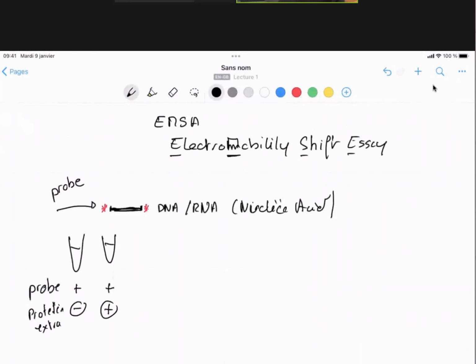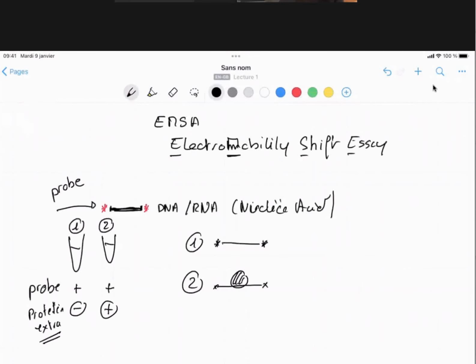So if in the protein extract there are proteins that are able to physically interact with the piece of DNA or RNA, it will form a complex. So if this is tube number 1 and this one is tube number 2, in tube number 1 we will find only the piece of DNA with the label on both ends. And in the second tube, if there is an interaction, we will find a protein that is bound to the nucleic acid. Is it okay for that?